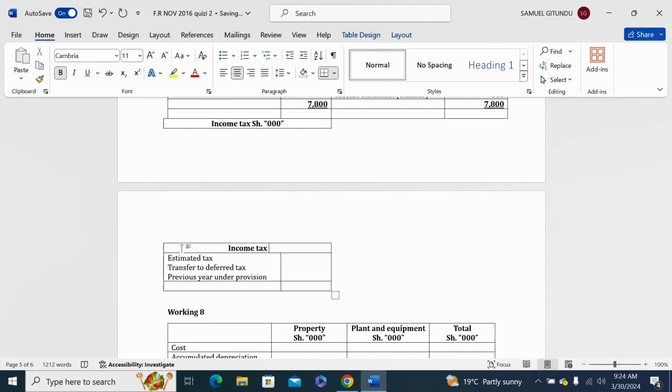Our figures are in Kenyan shillings, that is shillings in thousand. Let me delete this one.